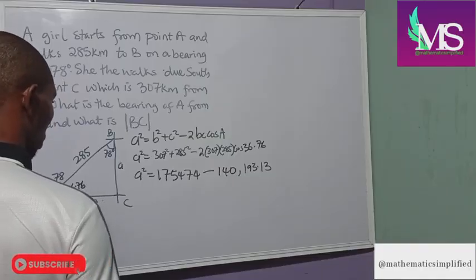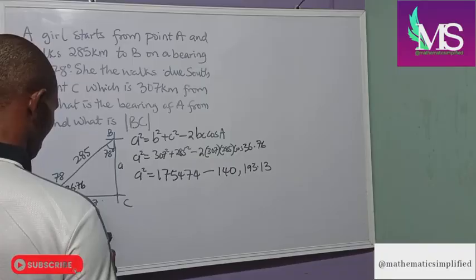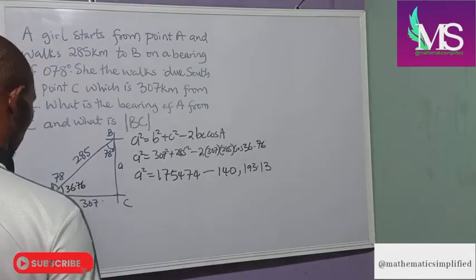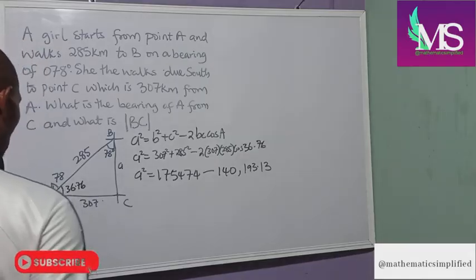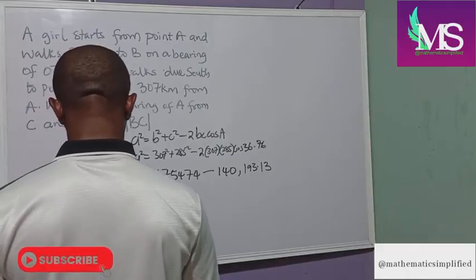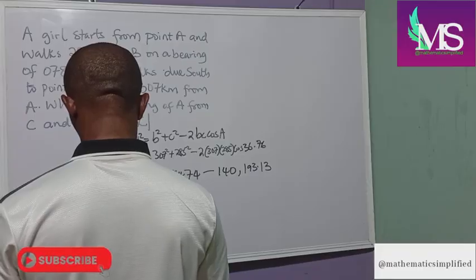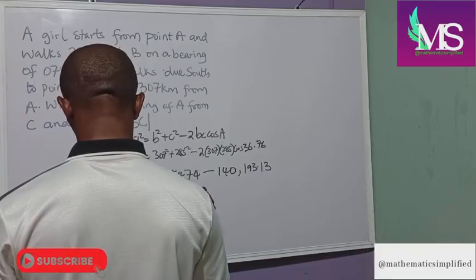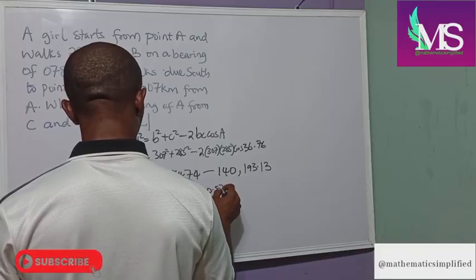So this will become 175,474 minus 140,193.13. That will give us a squared equals 35,280.87.